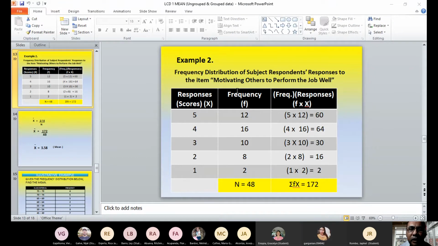The verbal interpretation for extent is very great extent, great extent, moderate extent, low extent, and very low extent.